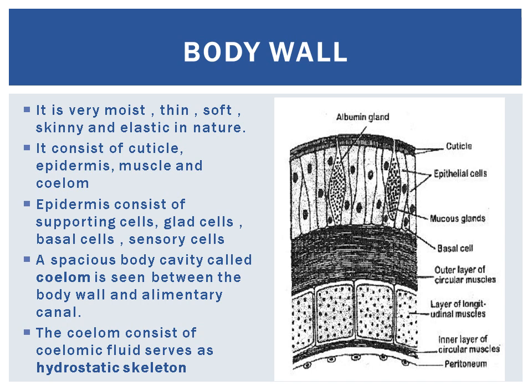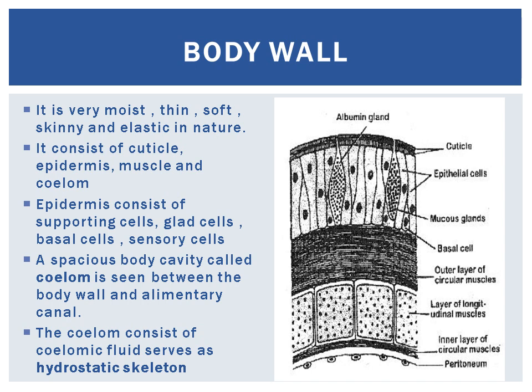If you look at this picture of the earthworm body wall, we could understand there are many layers present in it. The second point: it consists of cuticle, epidermis, muscle and coelom.